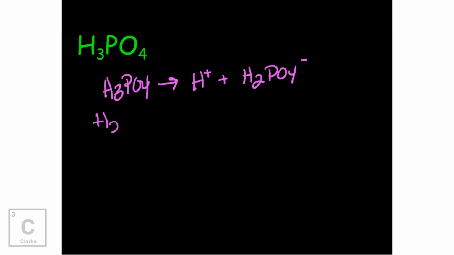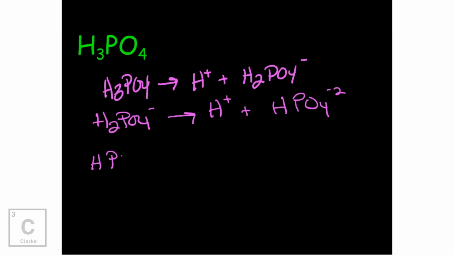If we take that product and dissociate even farther, pull another hydrogen ion off, we're left with biphosphate, but there's still another hydrogen. So we could even take that product, dissociate it even further until we're finally just left with phosphate. I just wanted to show you the stepwise progression of how a polyprotic acid would dissociate.